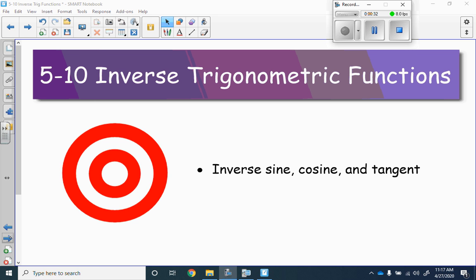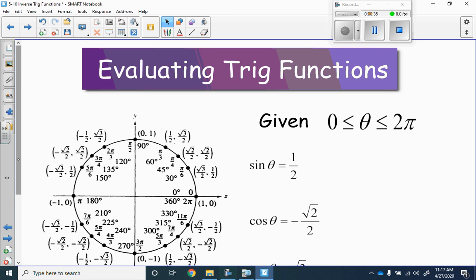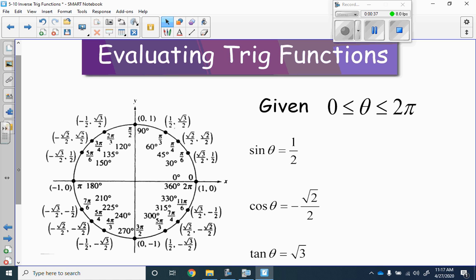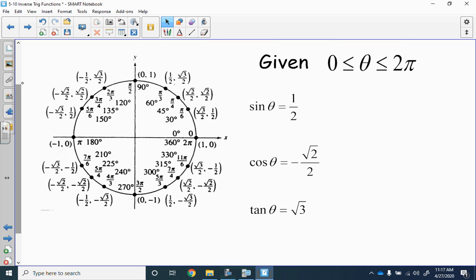Okay, so with that being said, you guys have been evaluating inverse functions all along, trying to solve for theta. Here I have the unit circle. We're talking about thetas between 0 and 2 pi. If you're trying to solve for theta between 0 and 2 pi, and we're asking, sine of theta equals 1/2, I'm going to look for where on my circle the sine of theta is equal to 1/2.